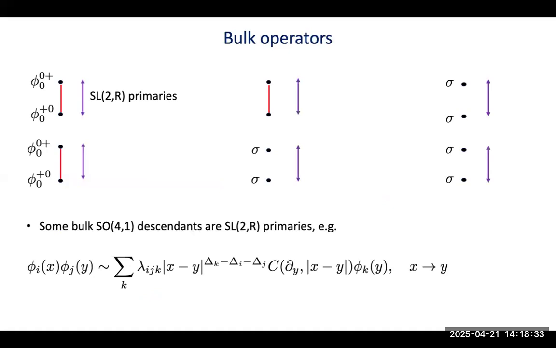our bootstrap, because we're only working on a line, so all operators are written in terms of SL2R conformal towers. Now, some bulk descendants are actually SL2R primaries.